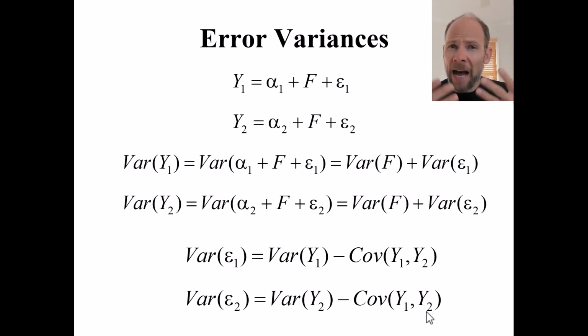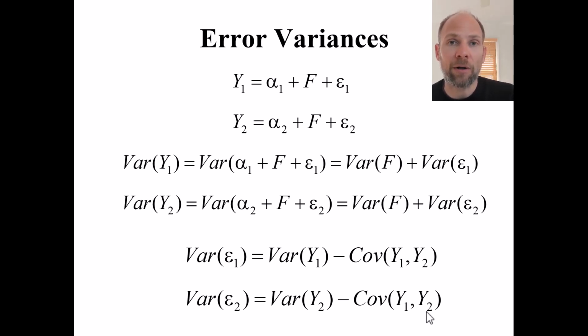Now, how could you obtain an over-identified model? In this situation here, you would have to include additional restrictions. So you could, for example, make an additional assumption regarding the error variances, and you could assume that the variables have equal error variances.